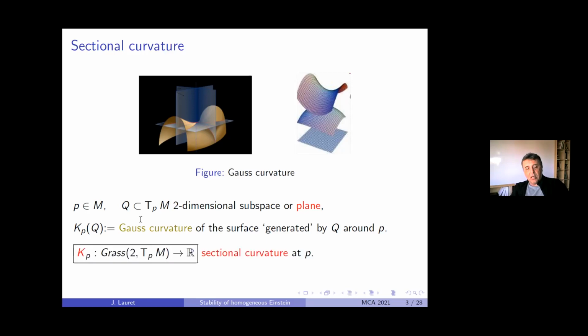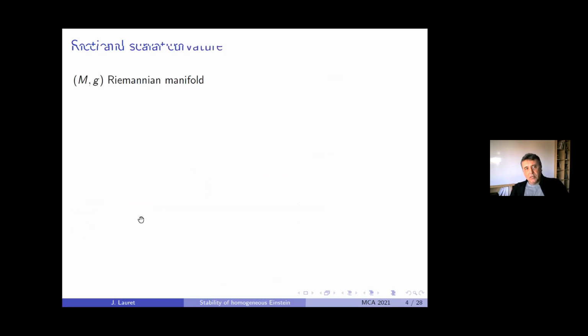Because now you have to choose from a whole Grassmannian, the space of 2-planes in an n-dimensional vector space. This is a huge space, and that's called the sectional curvature, and it is equivalent to having this 4-tensor defined with the connection. It's a very complicated object.